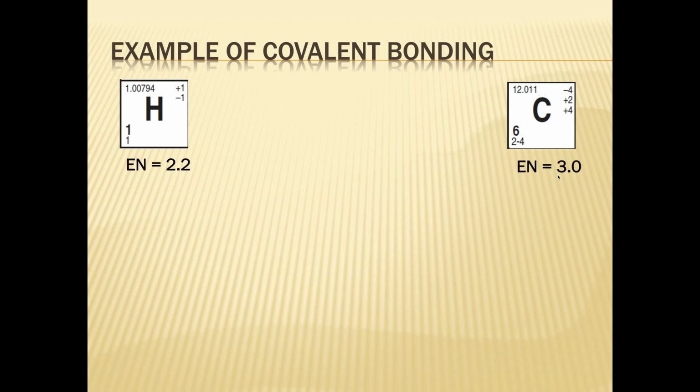The difference between carbon and hydrogen is not great enough for the bond to be ionic. Therefore, they're going to share electrons. The problem is carbon, the way it is, can only form 2 bonds. And if it forms 2 bonds, it will only end up with 2, 4, 6 electrons, not a stable octet. So something's going to have to give for carbon.